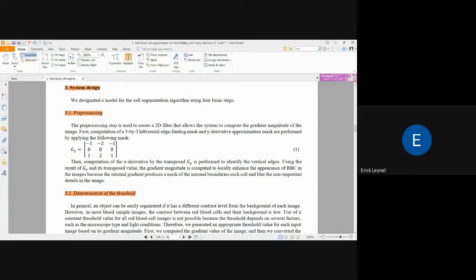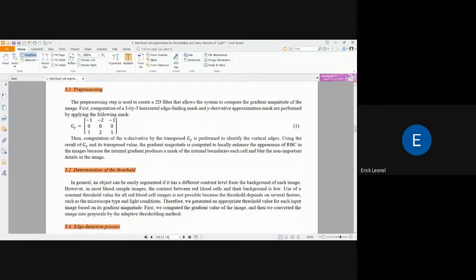Preprocessing is used to create 2D filters that allow the system to compute the gradient magnitude of the images, with the goal of locally enhancing the appearance of red blood cells in the images.